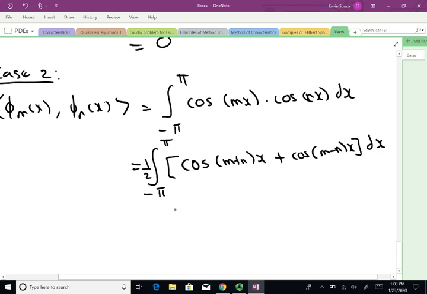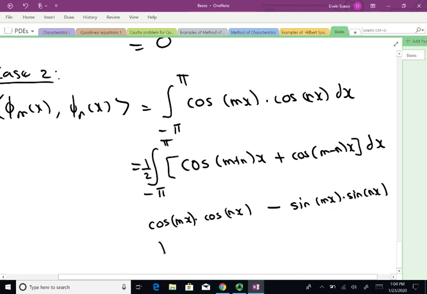Cosine of (m plus n)x is cosine of mx times cosine of nx minus sine of mx times sine of nx.